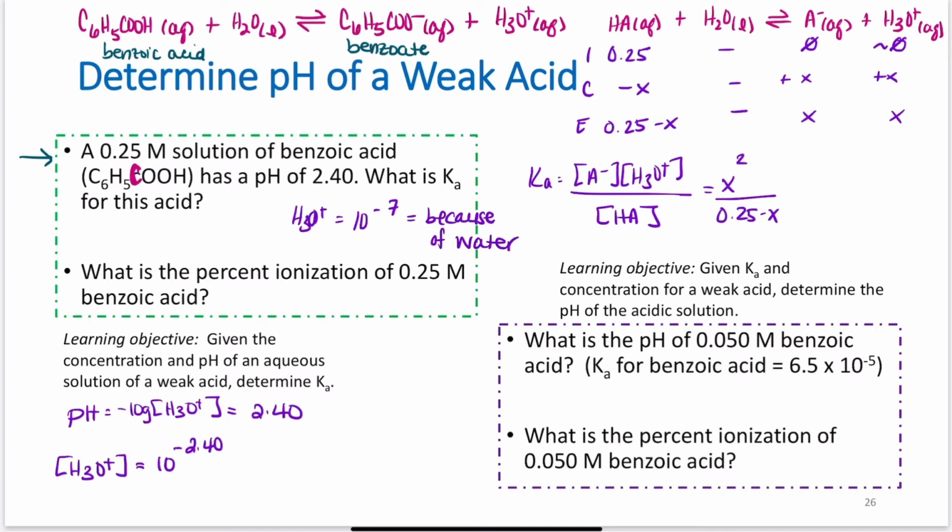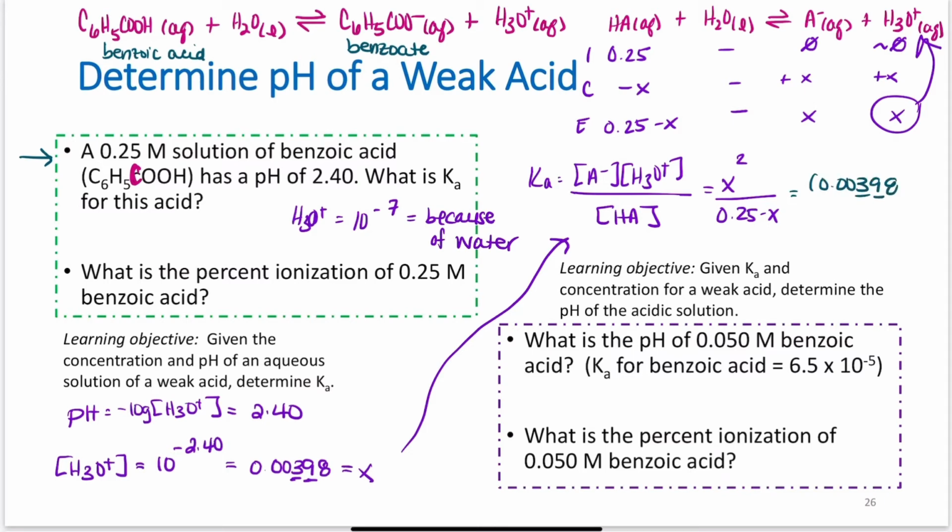And 10 raised to the negative 2.40 gives me 0.00398. Technically, I only have 2 sig figs here. I'm just going to keep an extra sig fig right now because I don't want to round. This equals X in my original table, right? That equals my hydronium concentration. So I can go ahead and plug that in. 0.00398, underline my sig figs, quantity squared, divided by 0.25 minus 0.00398.